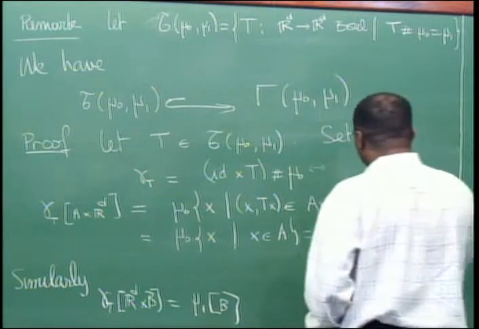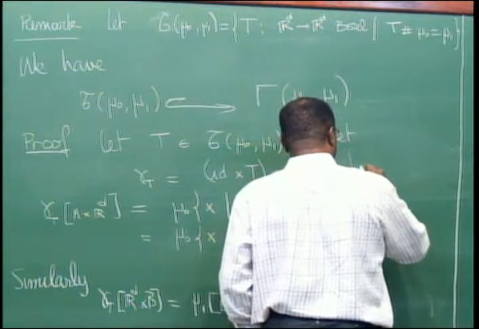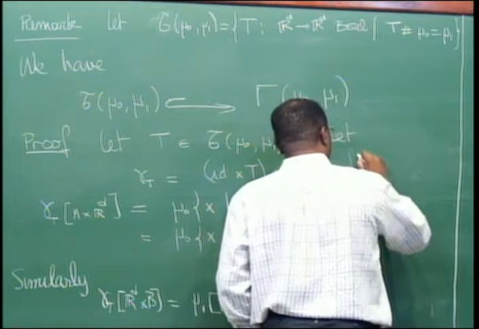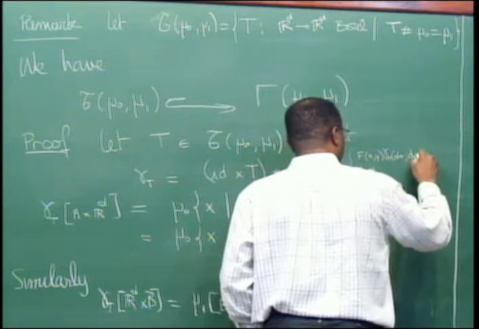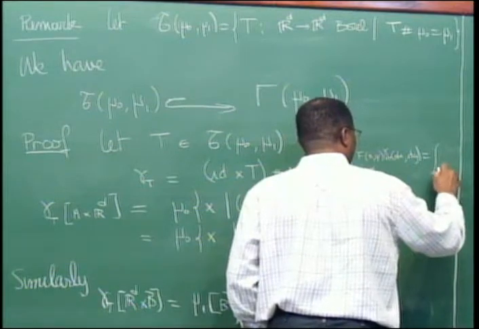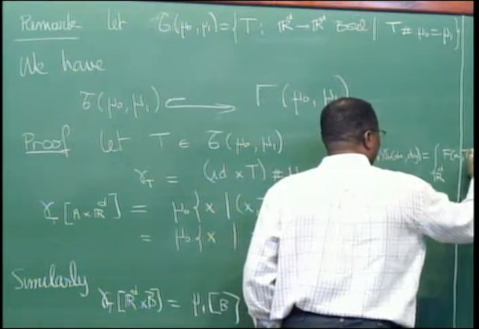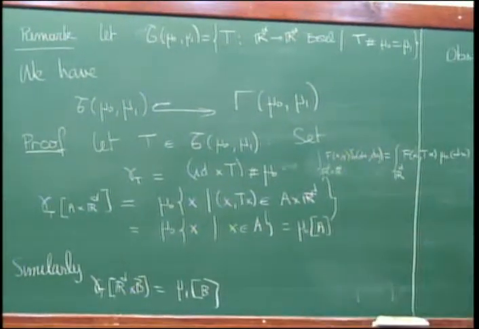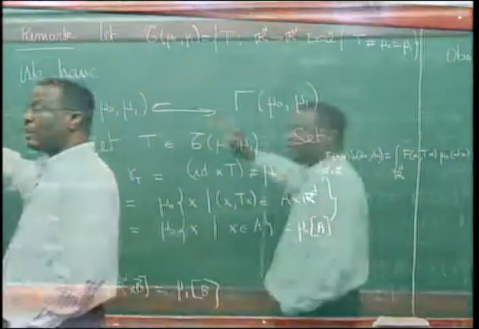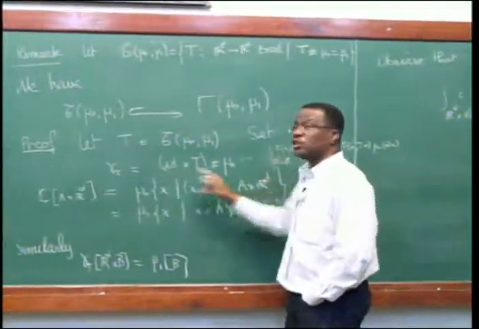It is the integral over R^D cross R^D of f of x, y d gamma_T, dx dy, is the integral over R^D of f of x, T of x d mu naught, dx. Yes, this is what it is. So before, a minute ago, I was referring to that. Actually, what I should be referring to is the definition of push forward.